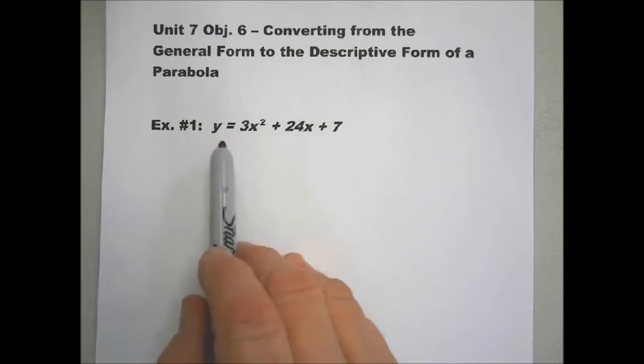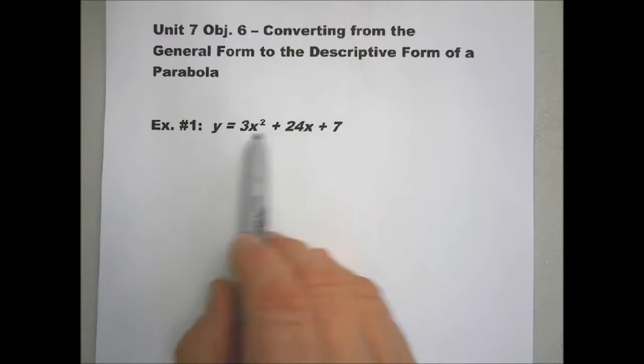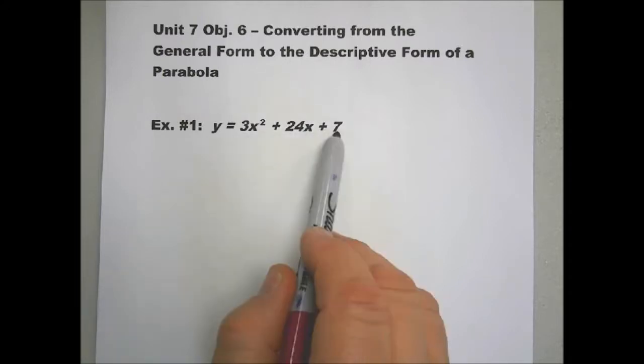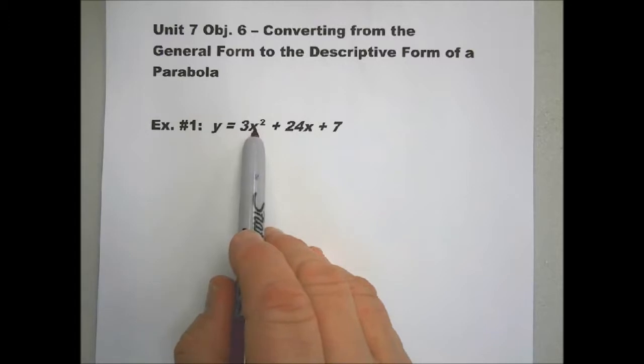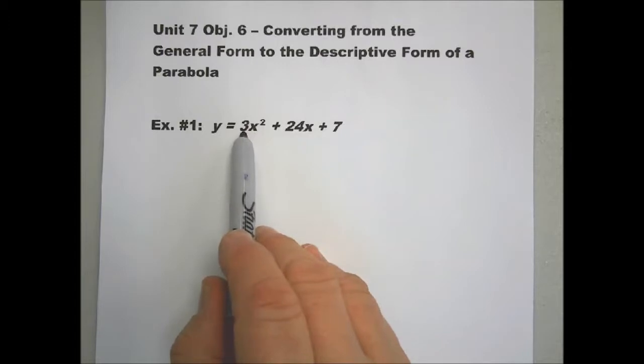I already know something about the parabola simply by looking at the equation. When I have y equals x squared, the parabola is either going to go up or down. And since that leading coefficient is a positive 3, it means the parabola is going to go up.